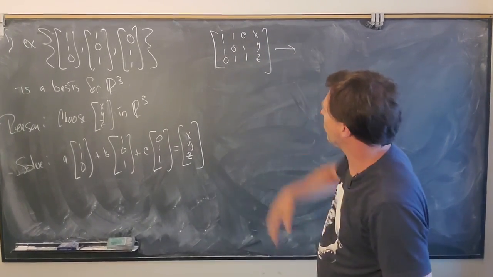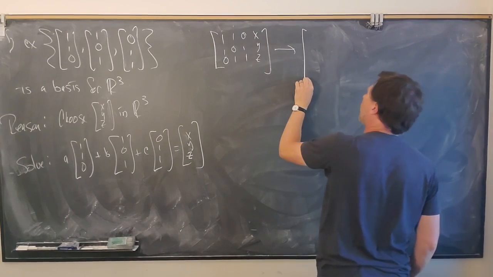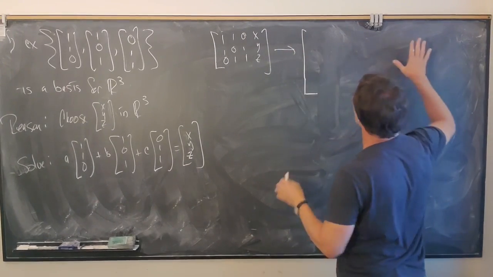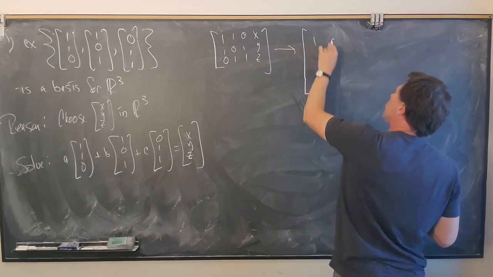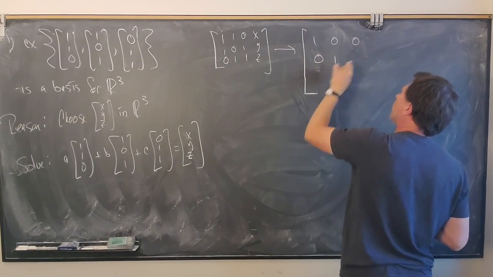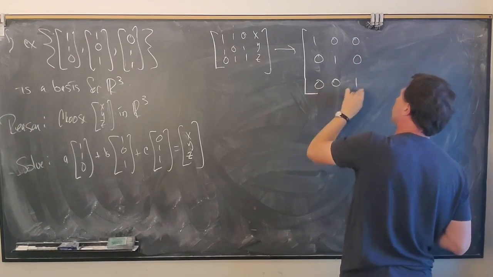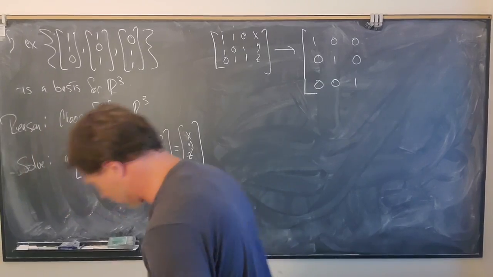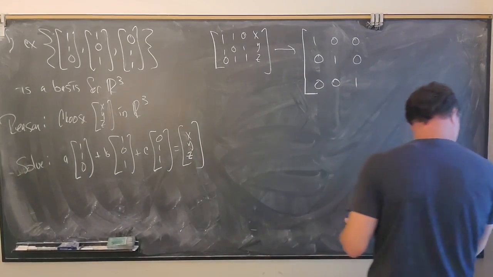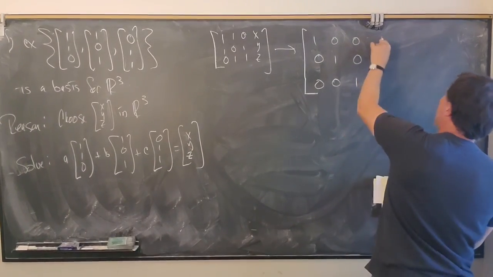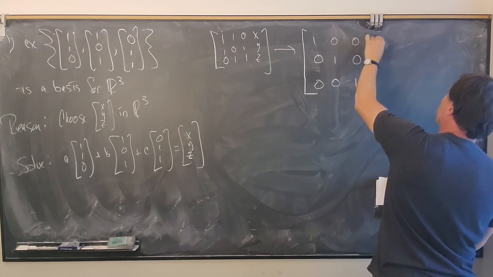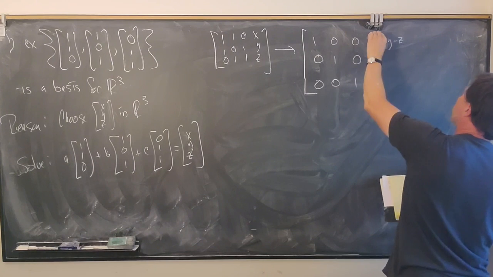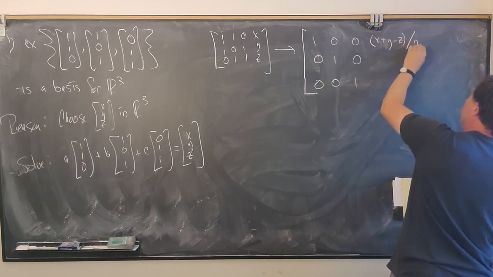I'm going to get it in reduced row echelon form. And you don't have to go through all the steps. I'm making this a little bit taller because I know what the answer is going to look like. When you do it, on the left-hand side, it's not hard to see that you're going to get the identity matrix, and then the far right column looks like this: x plus y minus z all over 2.